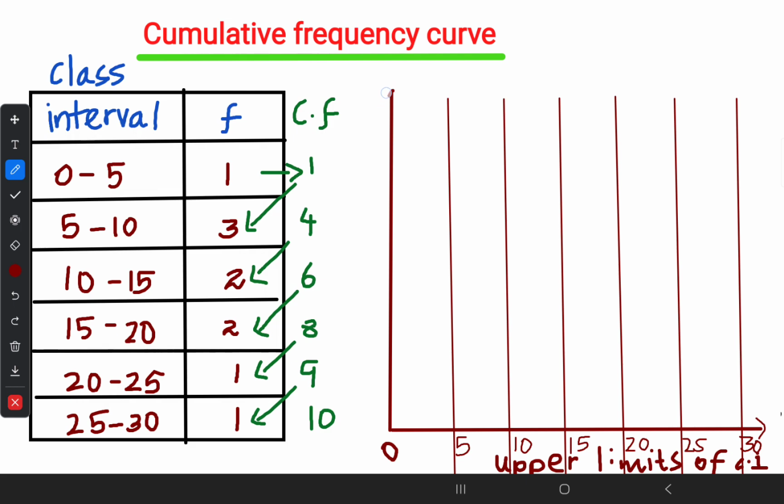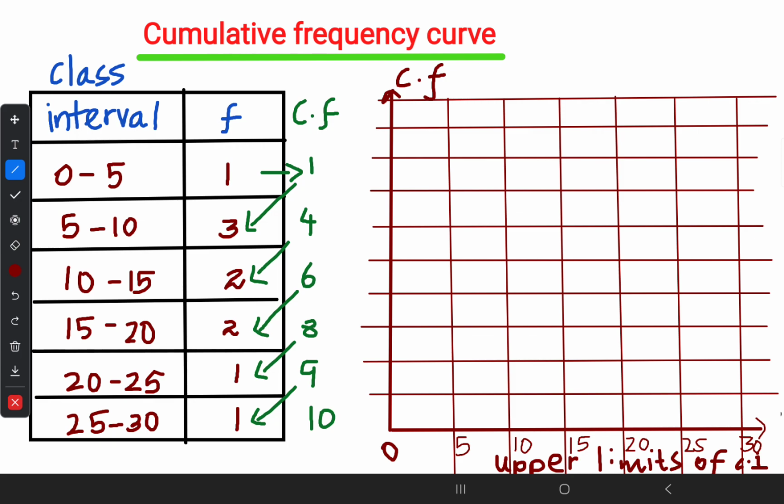In the vertical axis, it should represent cumulative frequency values. The axis consists of 1, 2, 3, 4, 5, 6, 7, 8, 9 and 10. These are the cumulative frequency values.